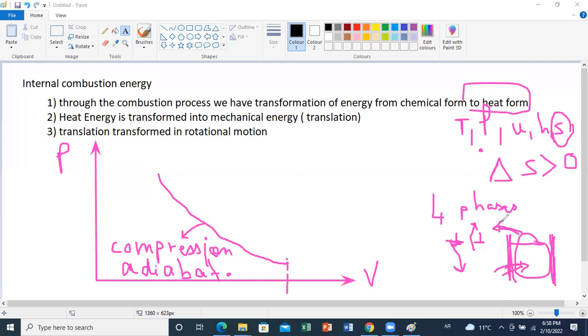But if you observe this process, you might find that if I model it as adiabatic, this will not affect my results a lot, so I can use it as an assumption that my compression is adiabatic.